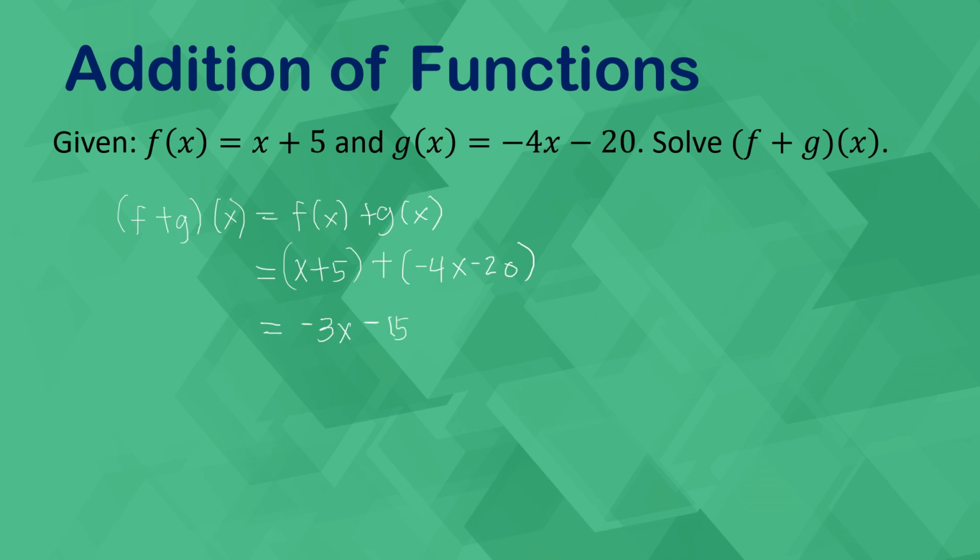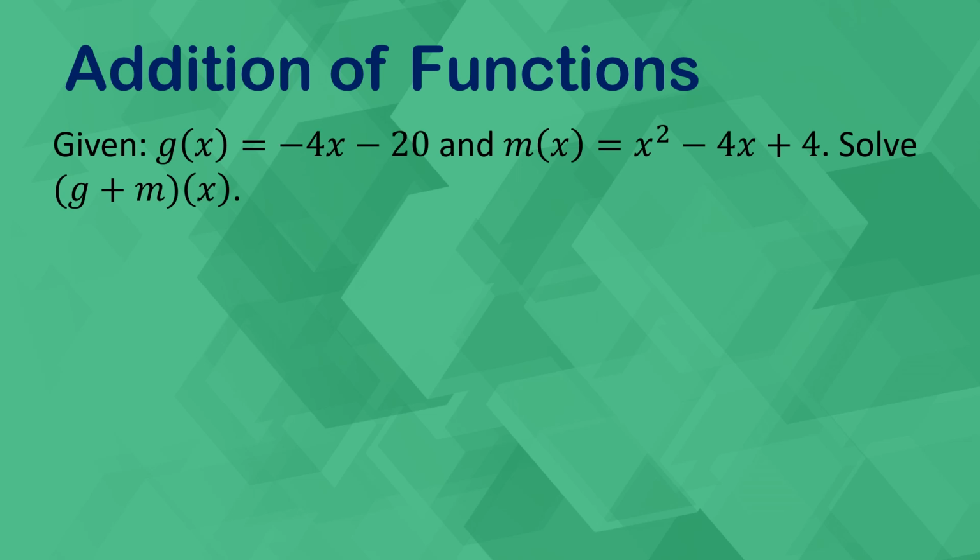Okay, so negative 3x minus 15 is the sum of f and g functions. For the domain of f plus g, since the domain of each function is the set of real numbers, then the intersection of the two functions or two domains is still the set of all real numbers.